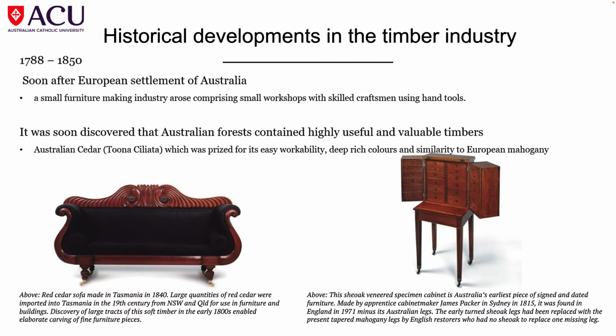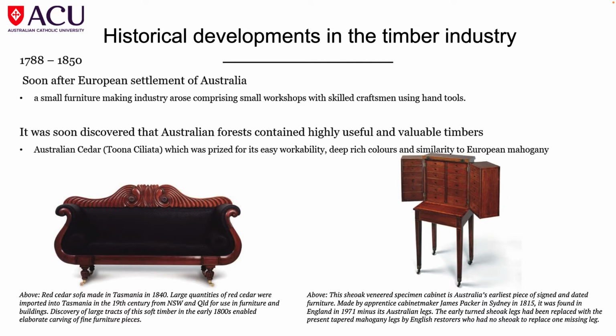It's a relatively soft timber to work with, and it's very easy to carve and shape and join and do all sorts of things like that. But really, where its value came from was that it was very similar to European mahogany, which in the European context was considered the timber that the wealthy used to make their furniture from. And by this stage, European mahogany was getting quite rare.